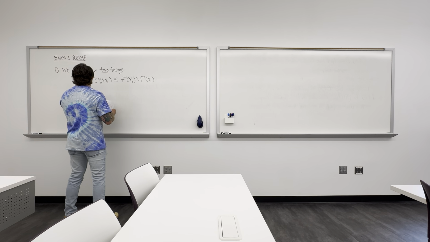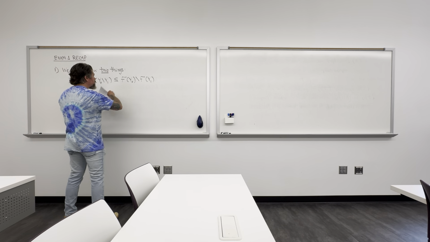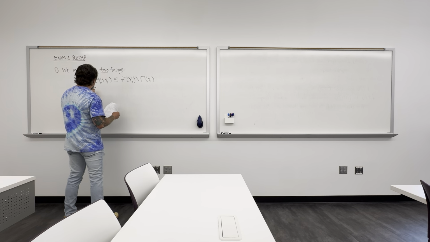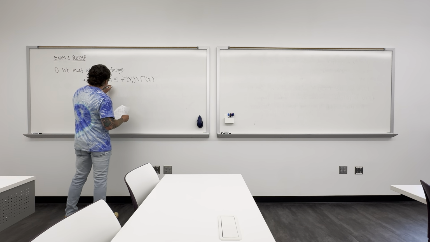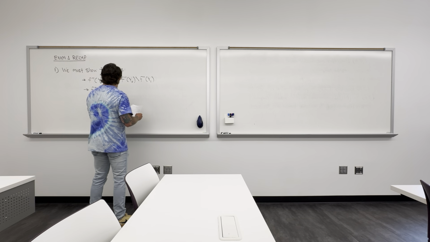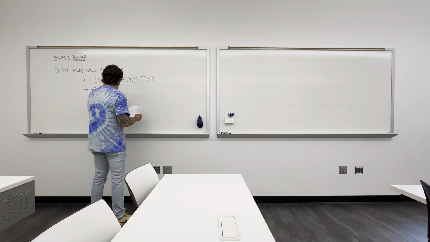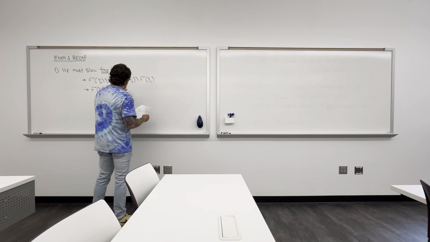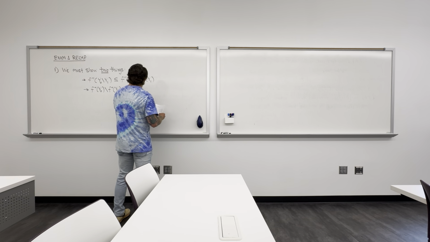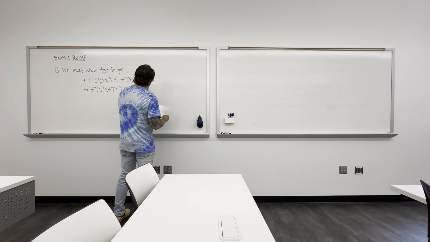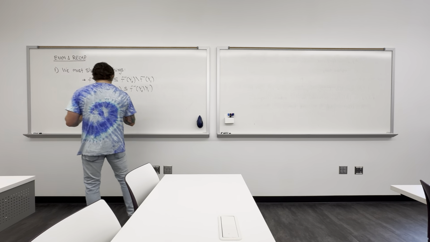And then we needed to show our reverse inclusion. So we needed to argue that the inverse image of Y0 minus the inverse image of Y1 is a subset of the inverse image of Y0 minus Y1. Here.